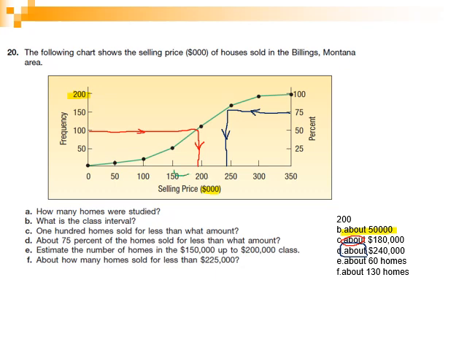Here, this is the class interval. And what is the number of homes in this? We take the value and read across the row. It's about 60 homes.